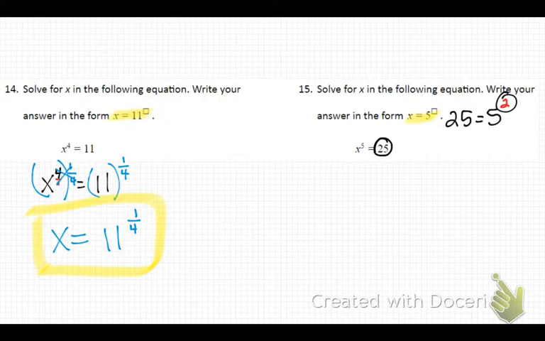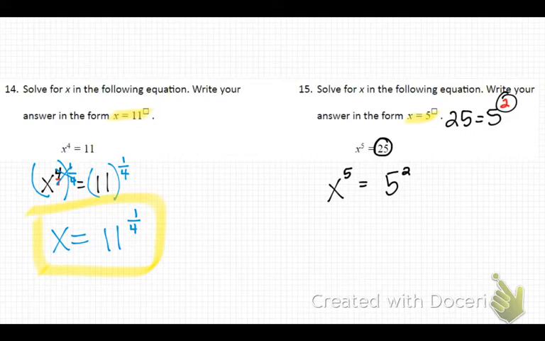So I can write x to the 5th equals 5 to the 2nd. And those are equivalent, aren't they? Those two equations that I have, the given one and what I rewrote. Do you understand that 25 is 5 squared? And since my final answer is going to be in the form of 5 to some power, that's why I'm going to do it. Okay.